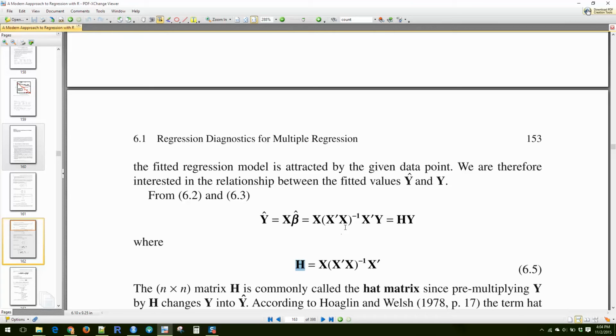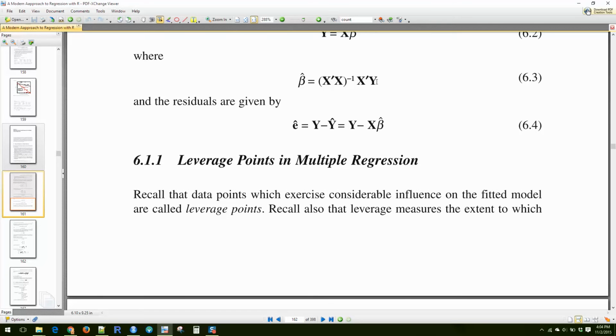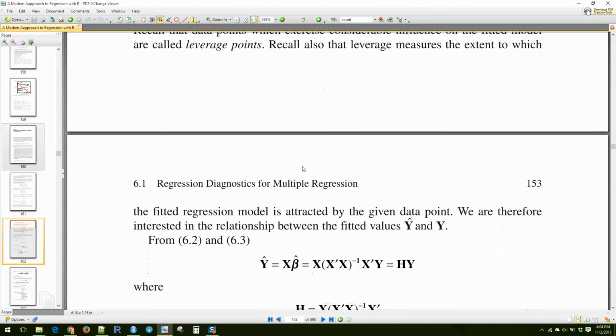If you think of y hat being X times beta hat, we can plug in beta hat, and essentially we now have this entire thing.